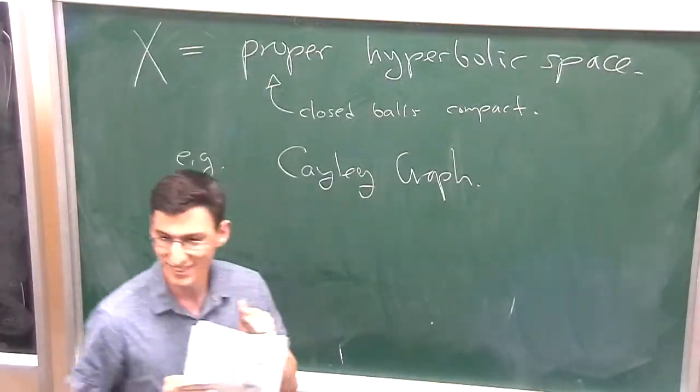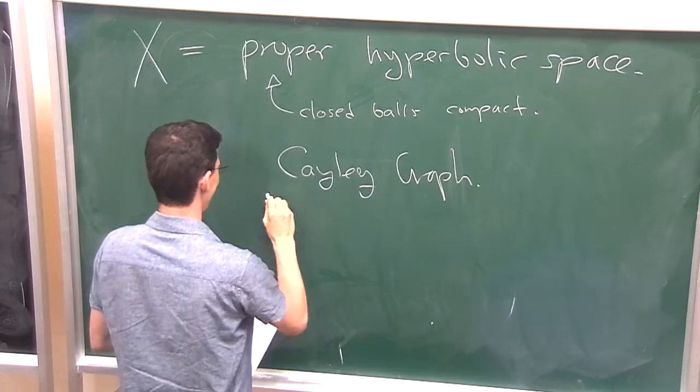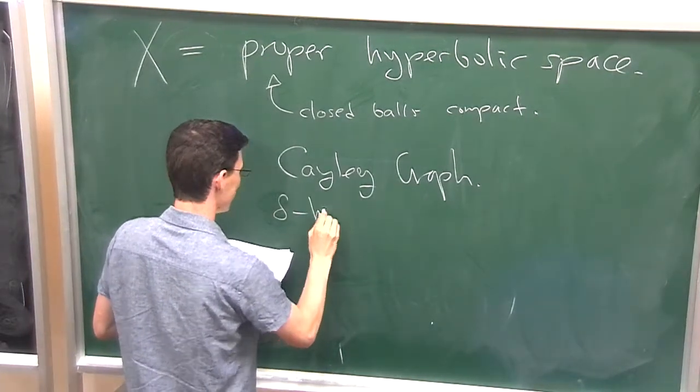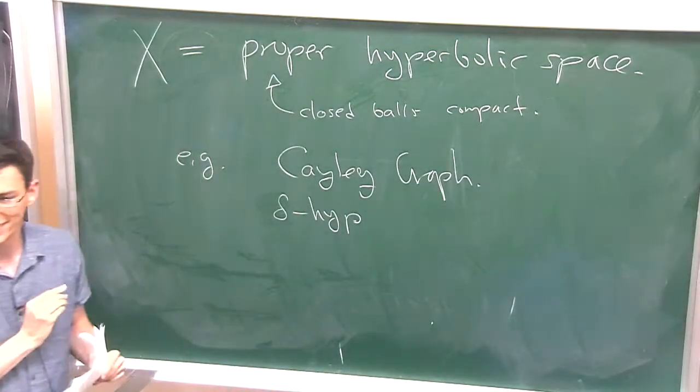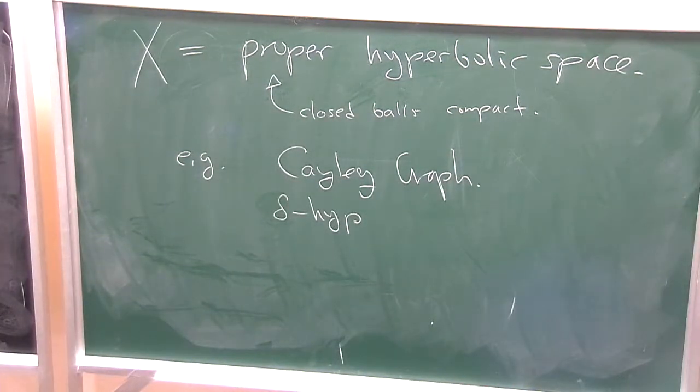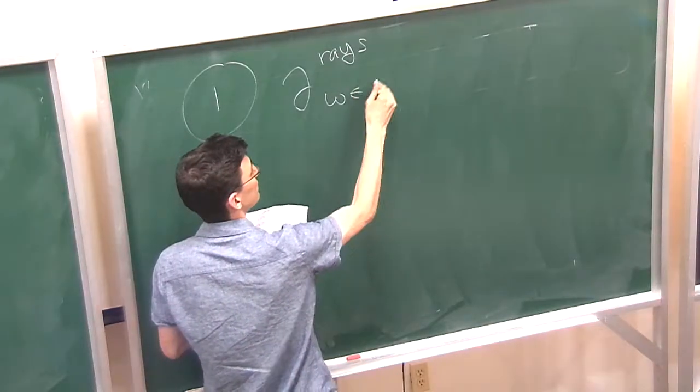So one: there's the boundary with rays. We're going to pick for all time some base point.